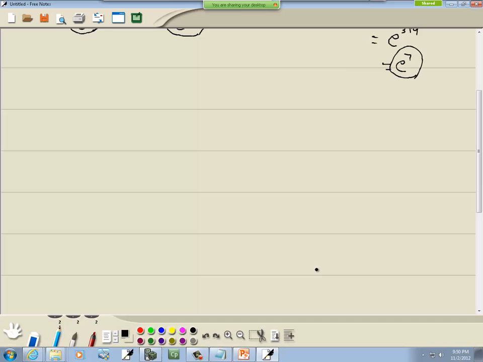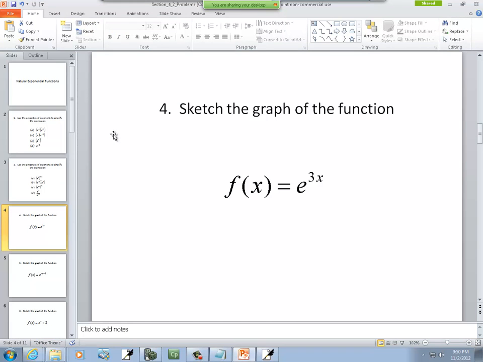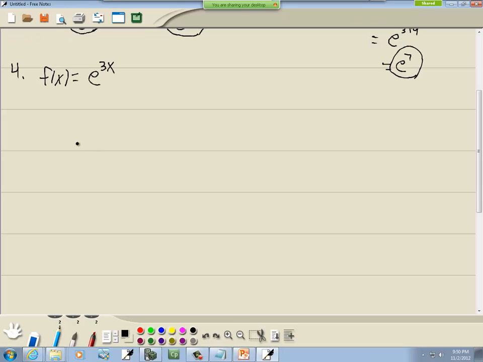Next one wants us to sketch this. And let me just do one using a t-chart, and then I'll use a calculator for the rest of them. Okay, so we have f of x is equal to e to the 3x.